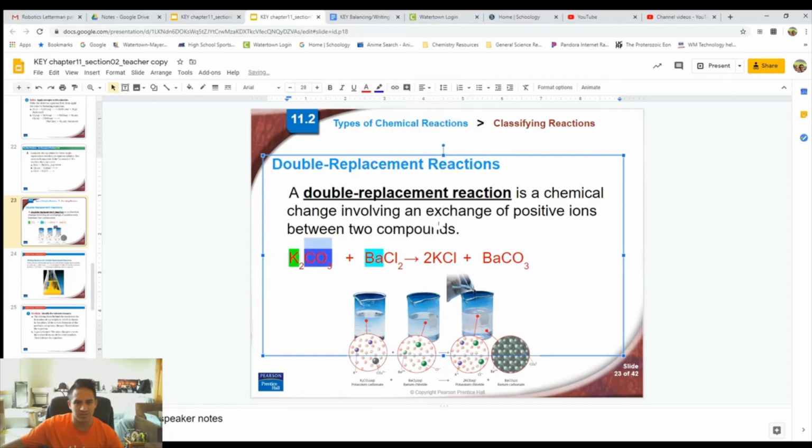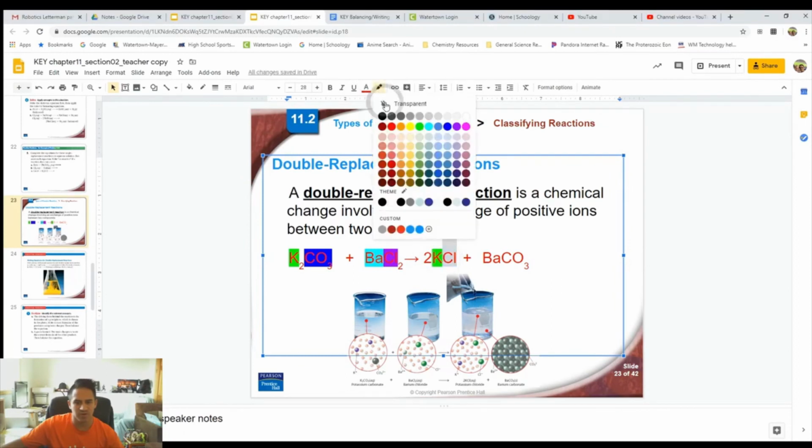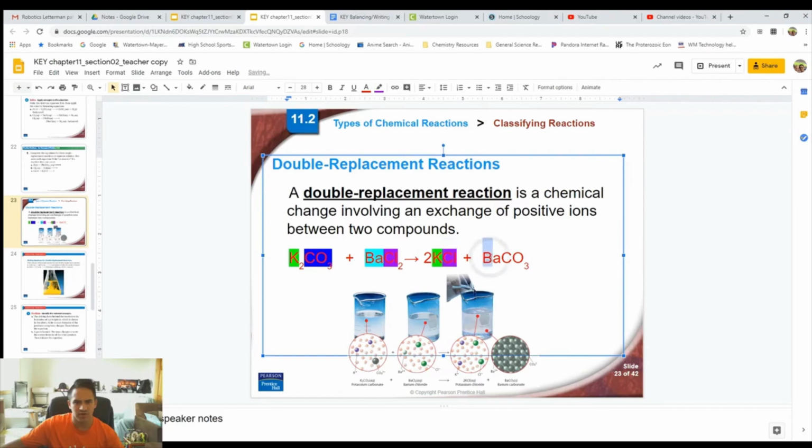This can be dark blue, and this can be purple. So now we have the potassium, which was the green one, bonded to the chlorine, which is the purple one. And we have the barium, the turquoise teal color, bonded to the carbonate, the dark blue. So we just see that they swap.